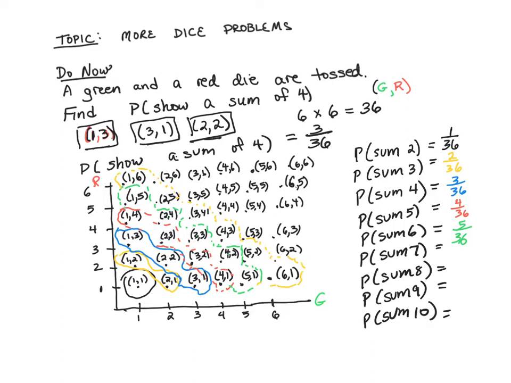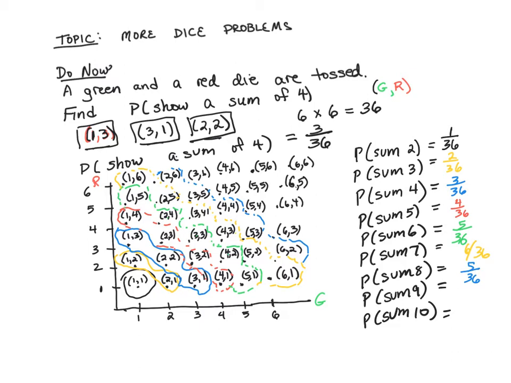That's 1, 2, 3, 4, 5, 6 out of 36. A sum of 8 would be here. Then we're down to 5 out of 36. And notice the symmetry here. 1, 2, 3, 4, 5, 6, 5.